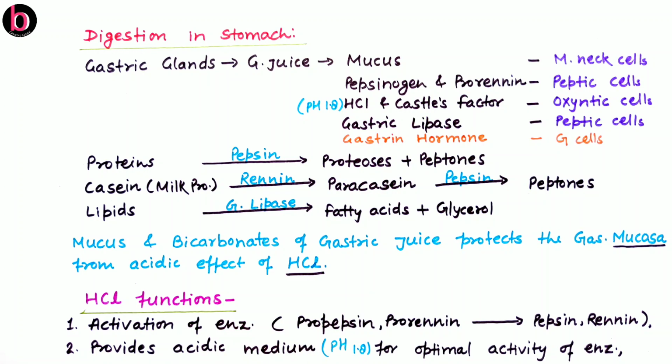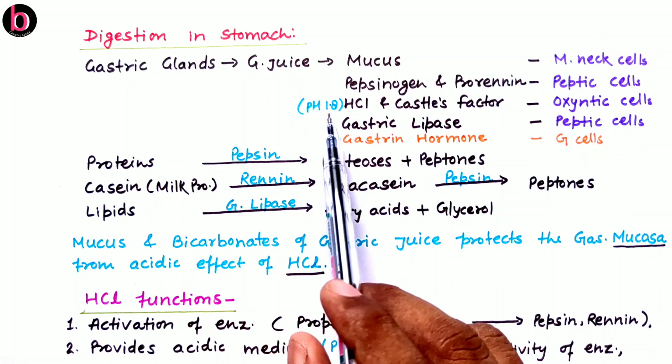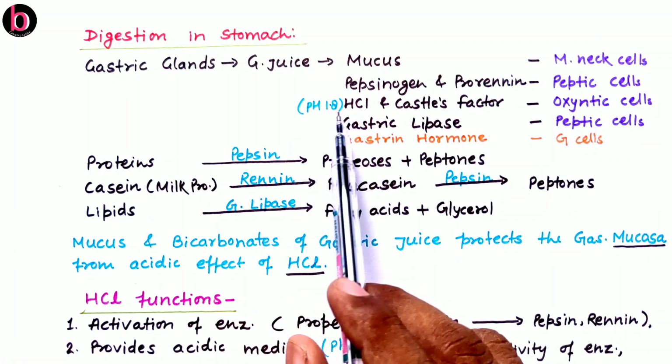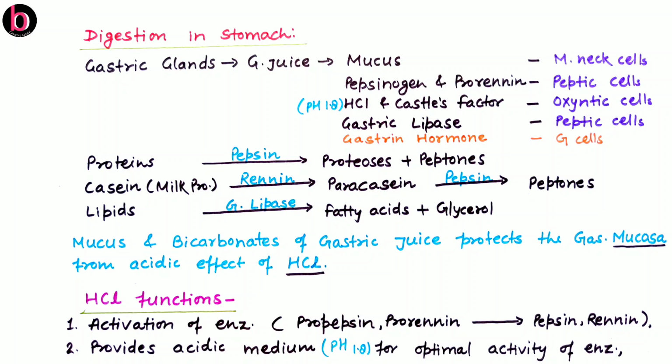As we know, HCl is very acidic in nature. On the pH scale, its value is 1.8. That is a very low pH and very strong acidity. So this may cause an itching effect, and it may cause pore formation in the wall of the stomach. So the mucus and bicarbonate secreted by mucous neck cells are responsible for its protection.